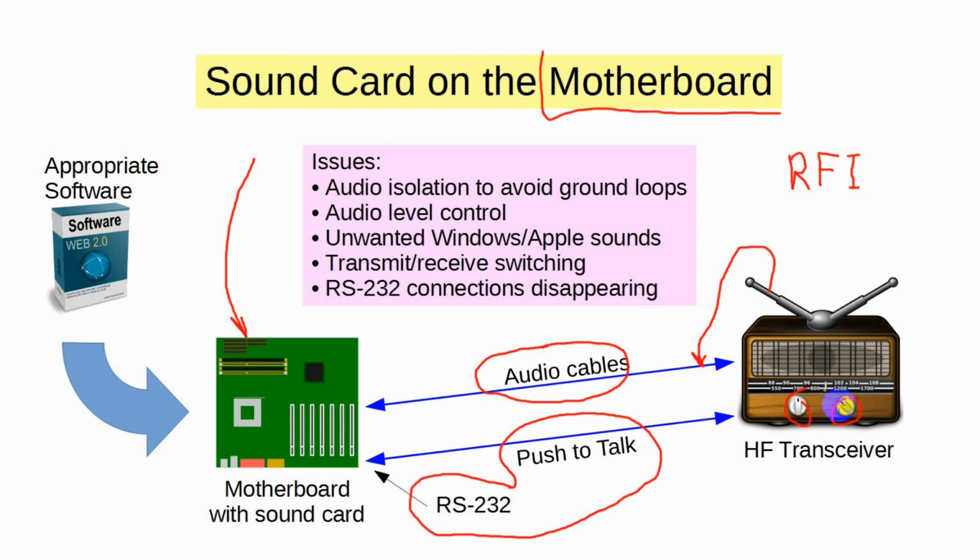Also, since people were using the computer's main sound card, the normal noises, beeps, and tones that computers create would end up getting transmitted over the air. Transmit-receive switching, or push-to-talk, was always an issue, particularly since, as personal computers progressed, they started moving to USB and away from RS-232, which has now entirely disappeared.